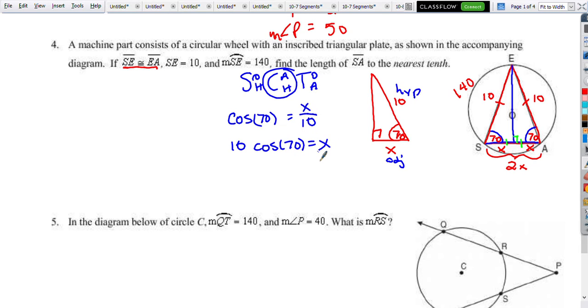And then remember SA is 2x, so we take 10 cosine 70 and we double it. So SA is equal to 10 times the cosine of 70, and then we're going to double this.